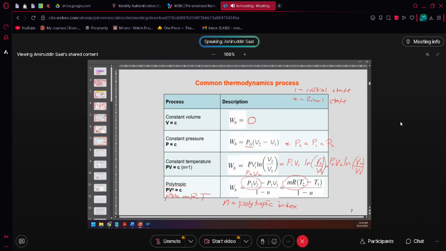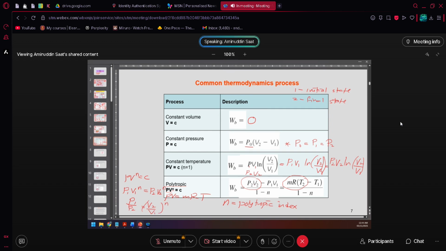How to find n? Let's say n is not given. You know that PV^n equals C. So P1 V1^n equals P2 V2^n. Basically you can find n if you know all the information of P1, V1, P2, and V2. So P1 over P2 equals V2 divided by V1 to the power of n.